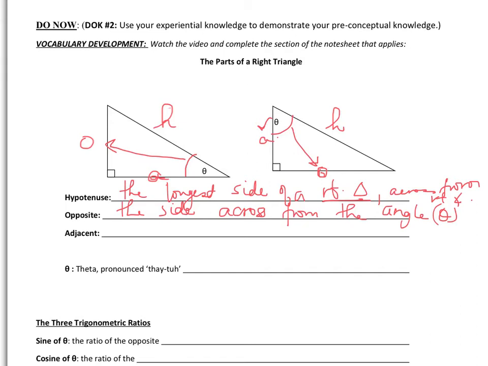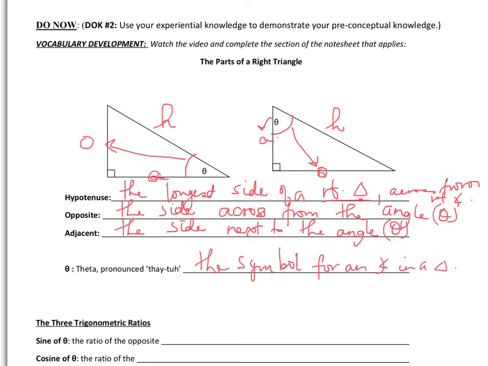And then adjacent is the side next to the angle. And of course that's theta. Theta is the symbol for an angle in a triangle.